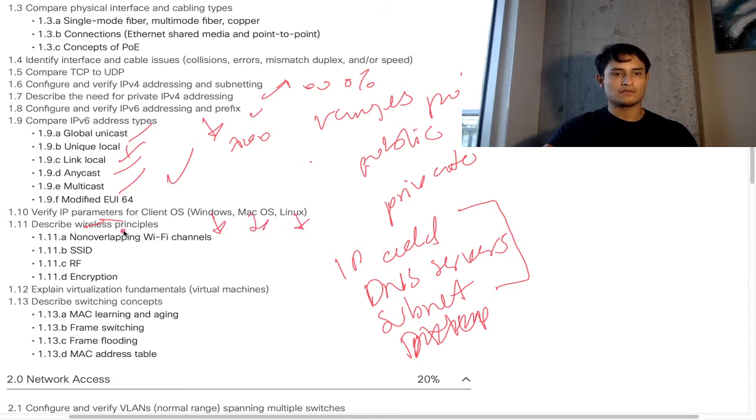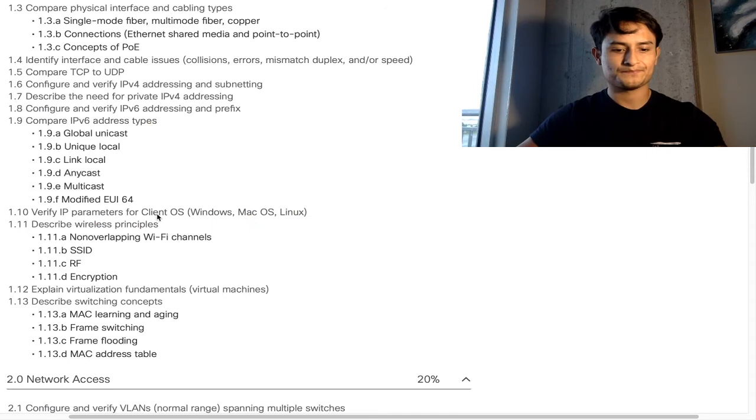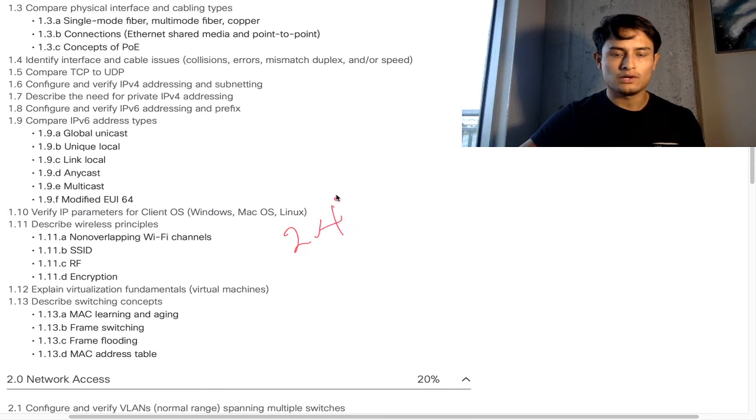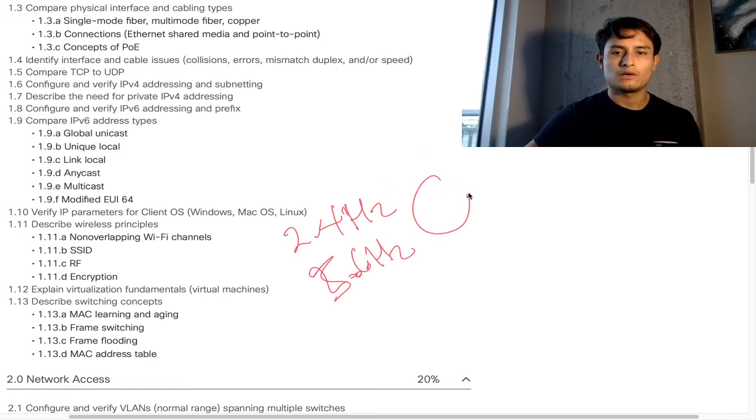Okay, now describe wireless principles. See, non-overlapping. So yeah, you have to know the 2.4 gigahertz, and then you have 5 gigahertz. You need to know what the overlapping numbers are.